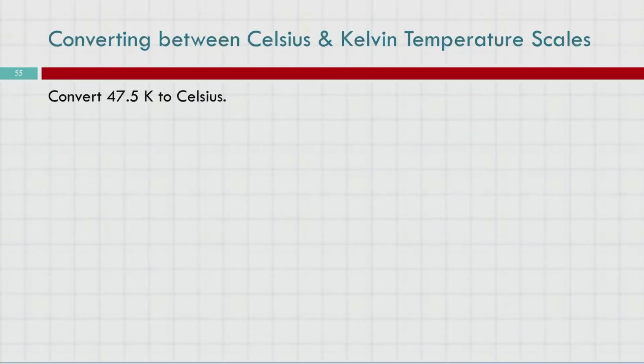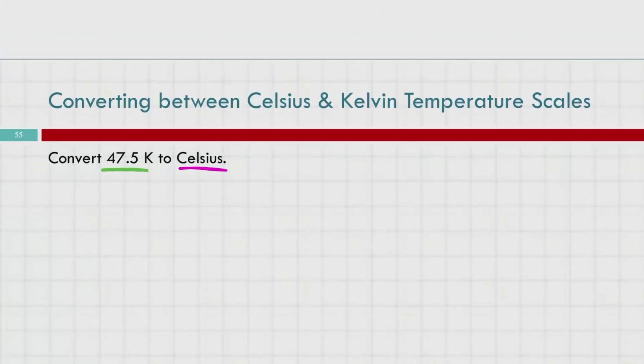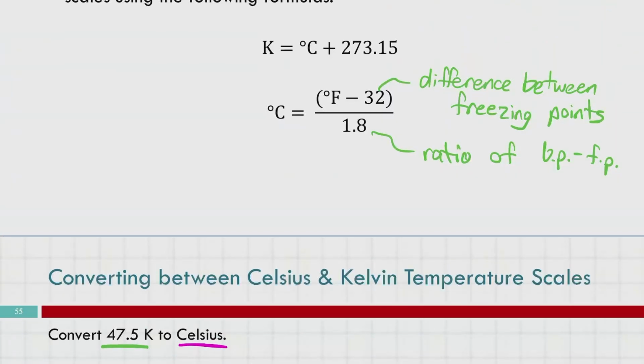Converting 47.5 Kelvin to Celsius. You can refer to your yellow sheet. You can refer to the equation up here. So let's write it down. Kelvin equals degrees Celsius plus 273.15.